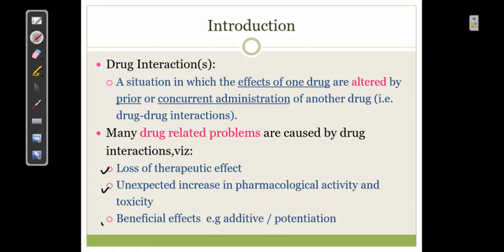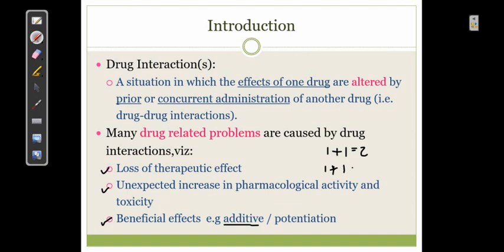So you may have an additive effect for which drugs may be combined, and that is very much understandable, that 1 plus 1 gives you 2. But what is synergism? You must have learned this terminology also, synergistic activity.